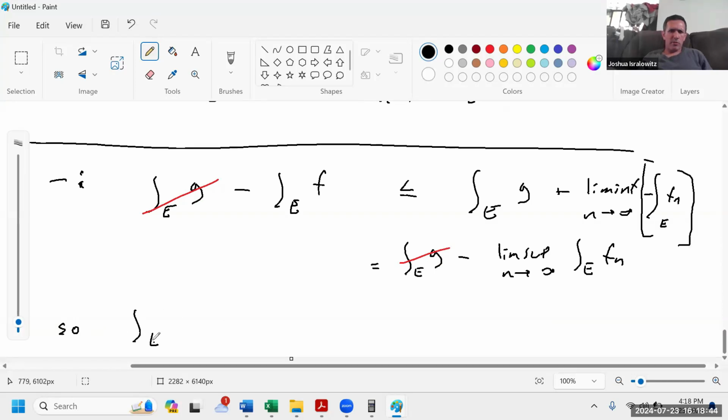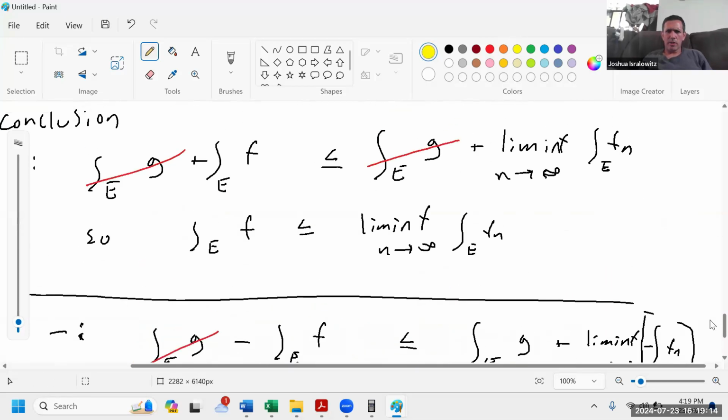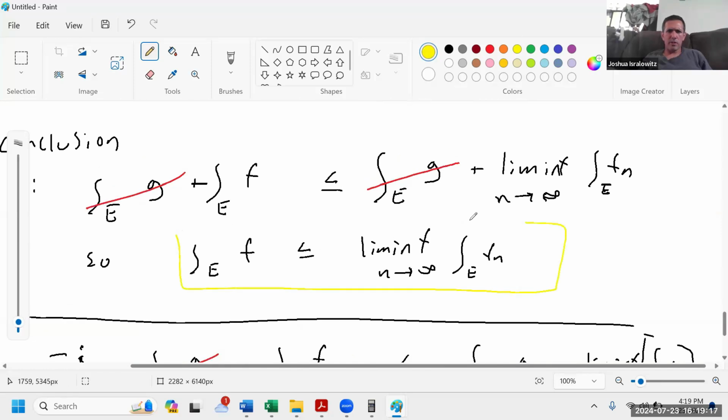So it's the integral, or rather add this to both sides. This is less than or equal to the integral of f. So we have this is true, and we have this is true.